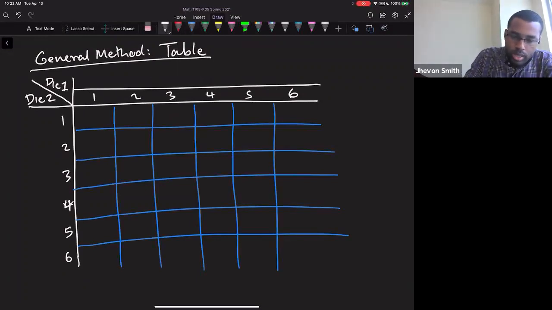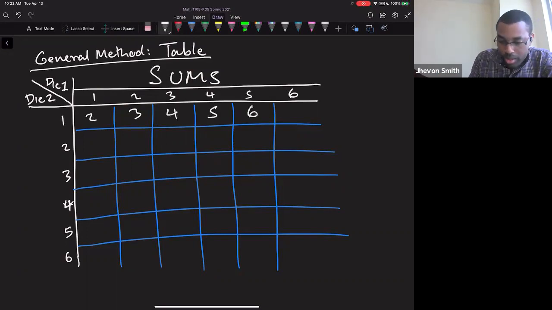And what I want to do in this table is put in the sums, because that's what this problem is asking about. So I'm just going to add up the numbers in the rows and columns. 1 plus 1 is 2, 2 plus 1 is 3, 3 plus 1 is 4, 4 plus 1 is 5, 5 plus 1 is 6, 6 plus 1 is 7. And you continue this way.